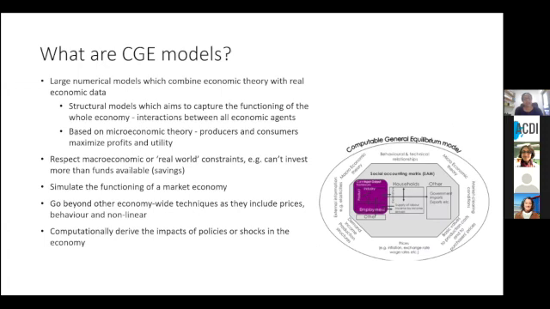At the same time, CG models respect macroeconomic constraints through the use of factor and macroeconomic closure rules. An example of this is total investment in the economy, which cannot exceed the amount of funds available for investment. In the CG model, this is captured through total savings. I'll touch a bit more on closure rules a little later.